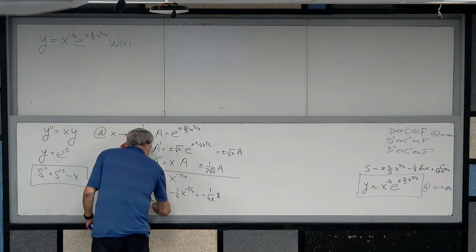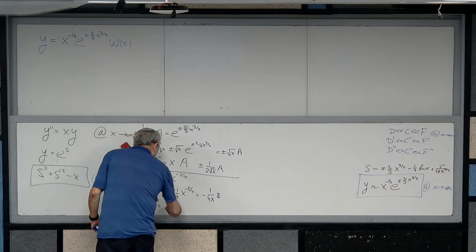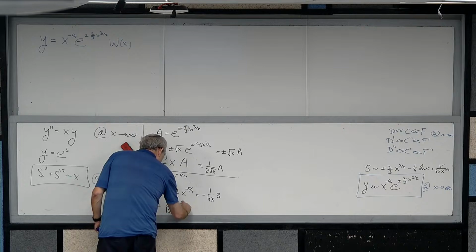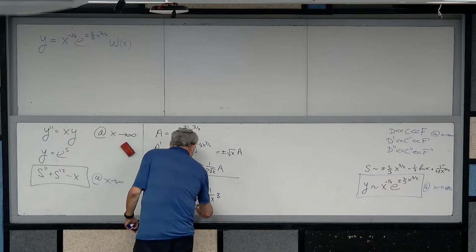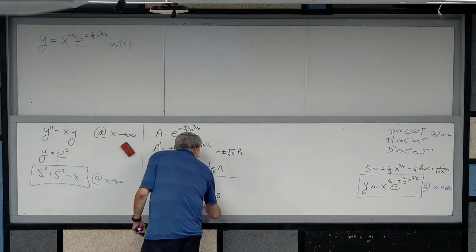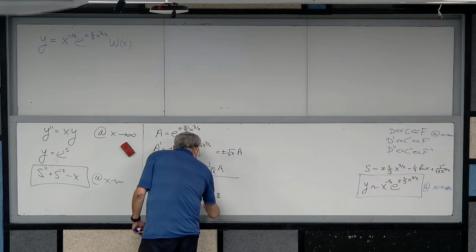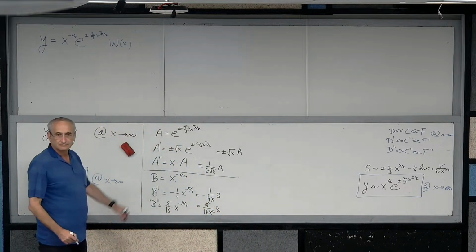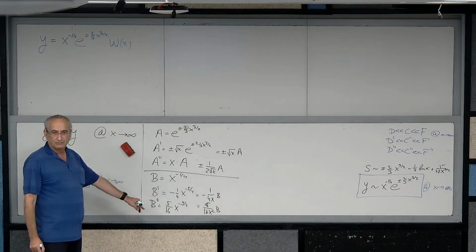And B double prime will be 5 over 16 x to the minus 9 quarters, which is 5 over 16 x squared times B. Okay?